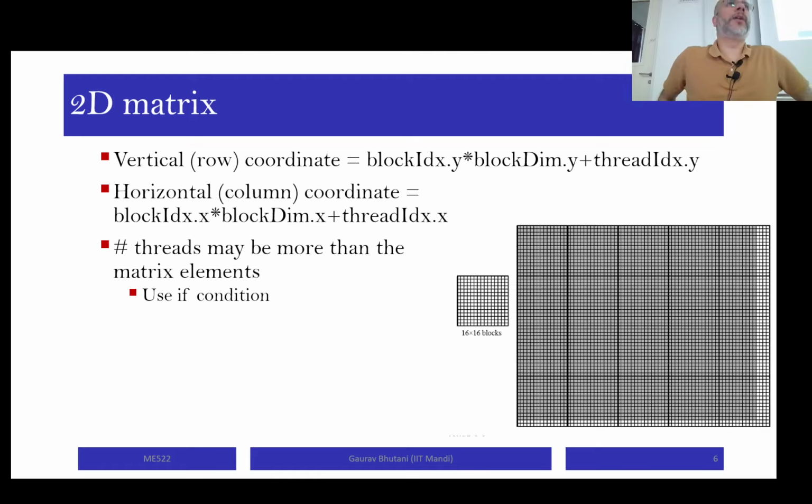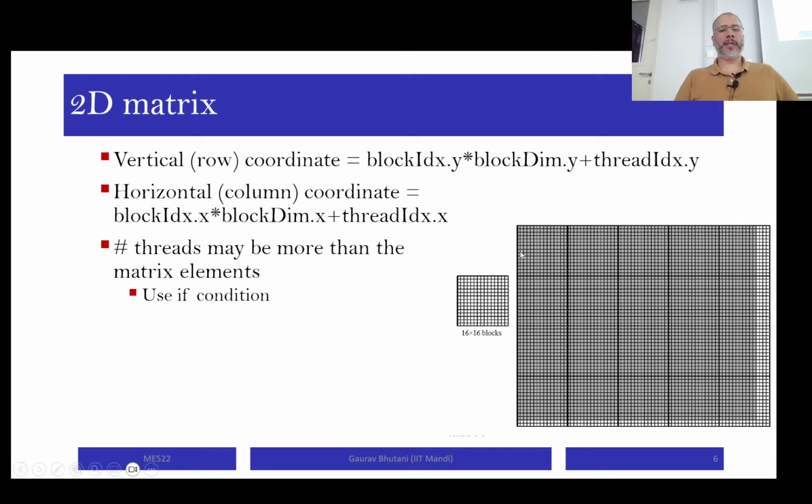Now typically we work a lot with 2D matrices. If you work with linear algebra and scientific computing, we end up working with matrices. So how do you store or use matrices with the GPU? You use a two dimensional grid with two dimensional blocks.